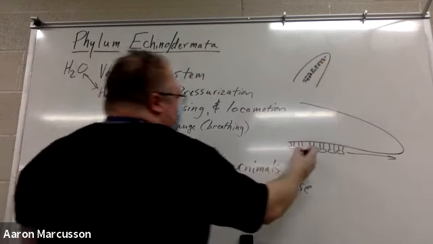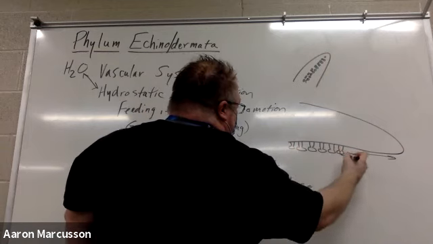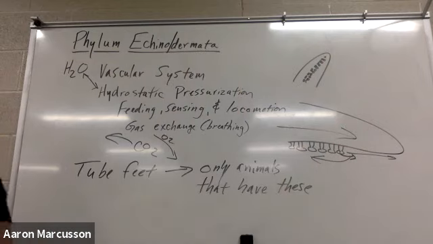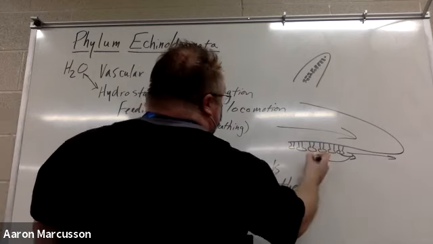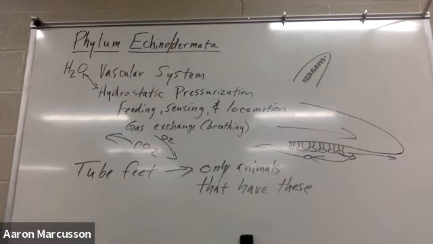These guys are like caterpillars. They move them forward and then they sweep them back, and that propels the whole animal. They move with these little tube feet. They feel their environment with these little tube feet. They grab a hold of food and move it toward their mouth with these little tube feet. Okay? Again, the only animals that we know of anywhere that have tube feet.